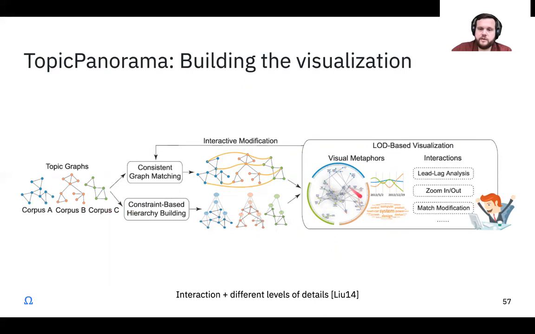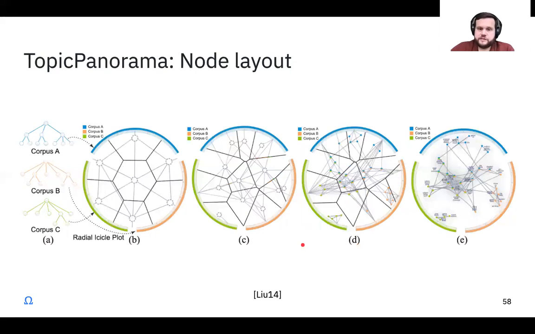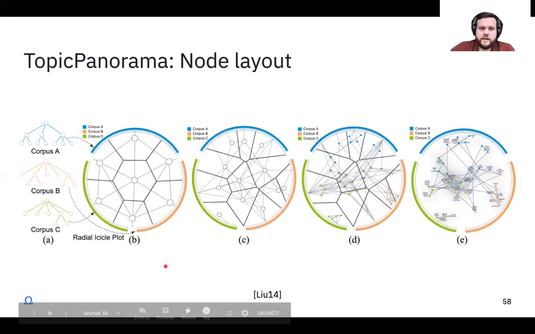This is basically our Galaxy plus a bit of a timeline for the total volume per provider. Again, this is the diagram of the node layout. It is a bit of a blueprint for how we lay the nodes out in the radial visualization.